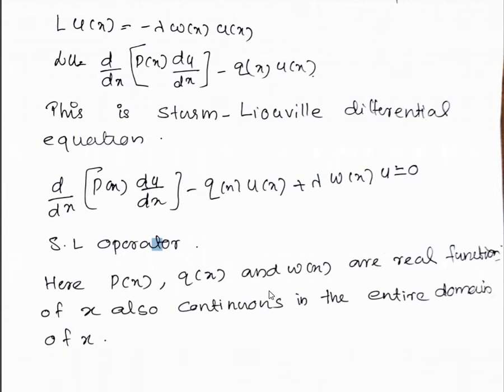These problems we already studied in our last class. Here p(x), q(x) and w(x) are real functions of x. Also they are continuous in the entire domain of x. So that is about the Sturm-Liouville equation.